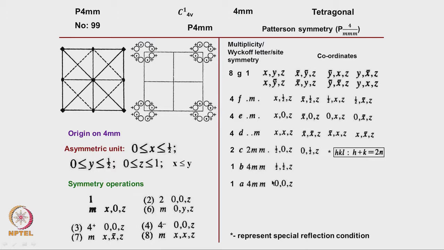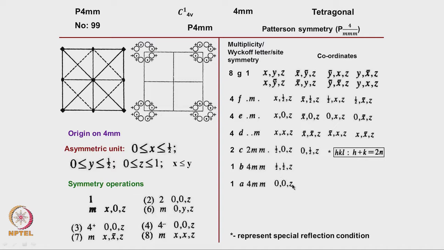So, all of these, okay, and you should understand that here also, since it is a 4 mm symmetry, the origin we can arbitrarily fix, because the 4-fold rotation axis and the mirrors are parallel to each other, so they never intersect. Okay. That is the reason why, when we give the position where a motif or an atom can be kept, here it is given 0 0 z, because z is the axis around which the 4-fold rotation axis is.